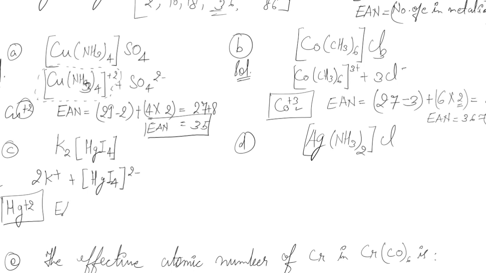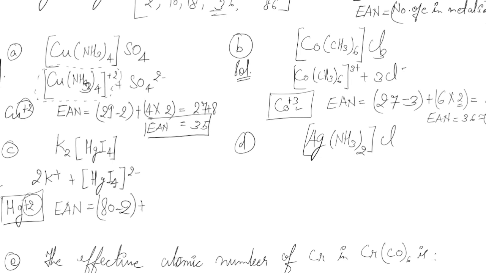Now calculate the effective atomic number. So you know what the atomic number of mercury is, how many electrons the mercury can have? It is 80. So 80 minus how many electrons it is donating? It is donating 2 electrons. So 80 minus 2. Then how many electrons it is gaining from the ligand?